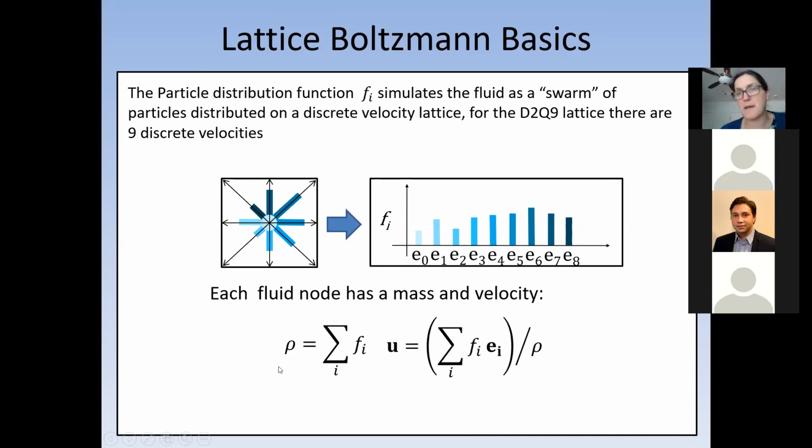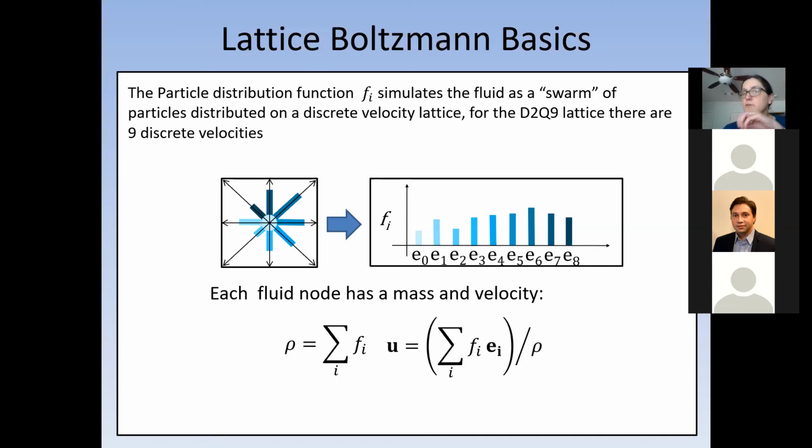It's really like a mass fraction, some sort of normalized version of density. And my velocity, or rather my momentum, is the sum of all of these fractions going in different directions times the individual vectors. That gives me momentum, rho u, and I have to divide it by rho, which is this sum, to get what the velocity is at that spot.